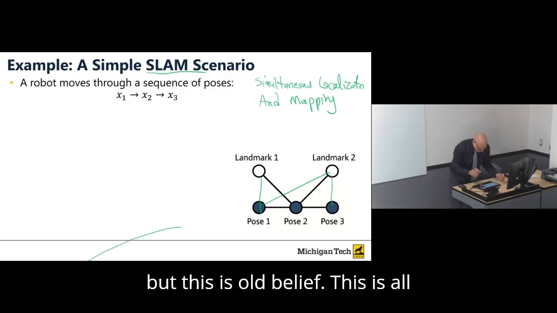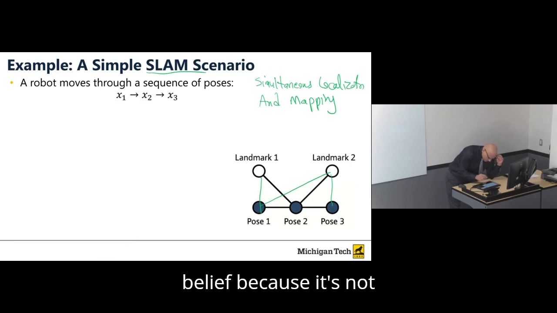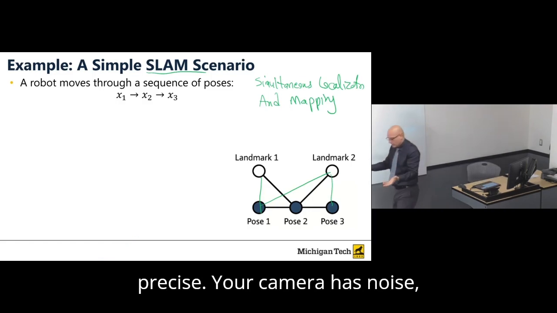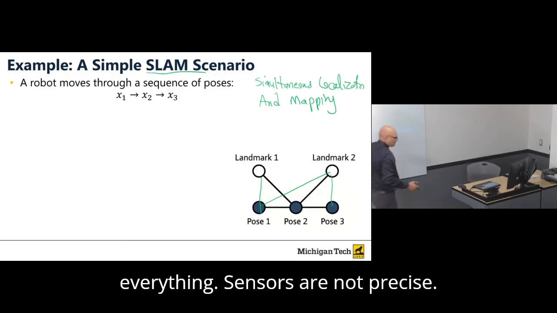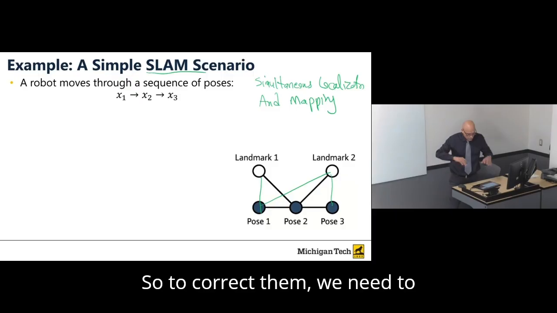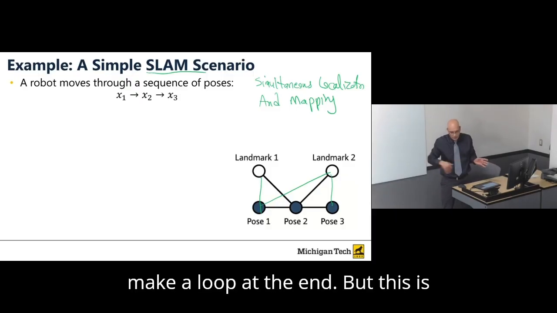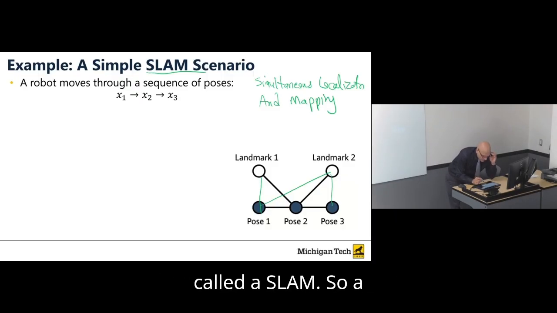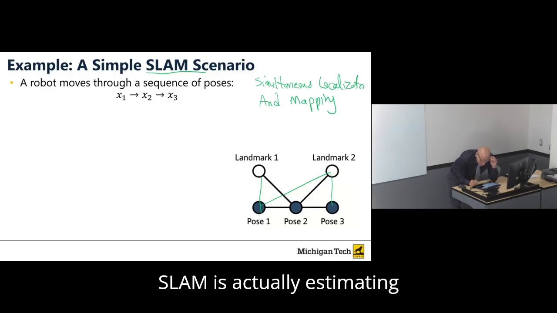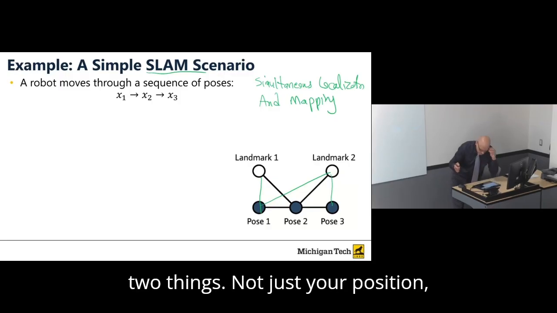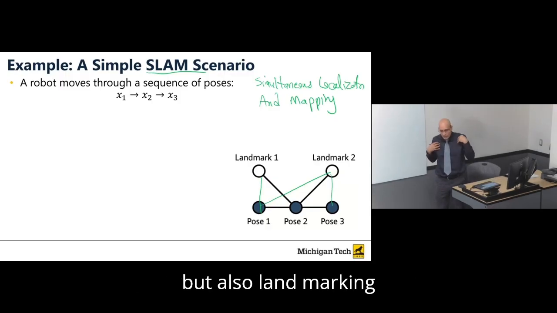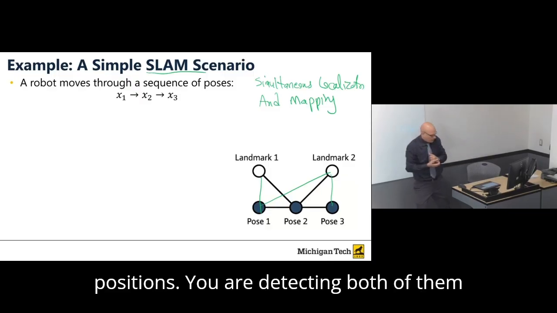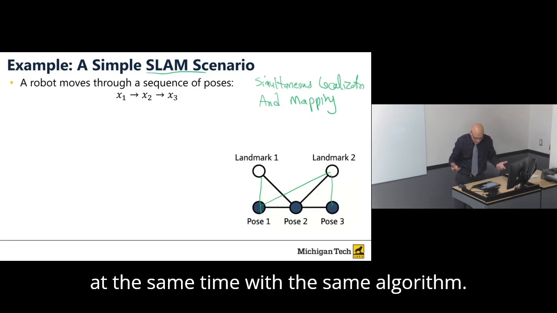But this is all belief, because it's not precise. Your cameras have noise, sensors are not precise. So to correct them, we need to make a loop at the end. This is called SLAM. So SLAM is actually estimating 2 things: not just your position, but also landmark positions. You are detecting both of them at the same time with the same algorithm.